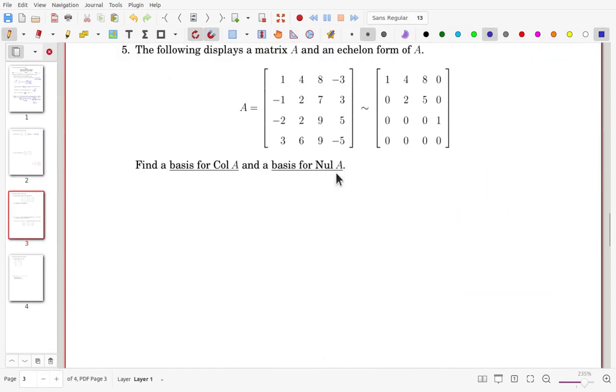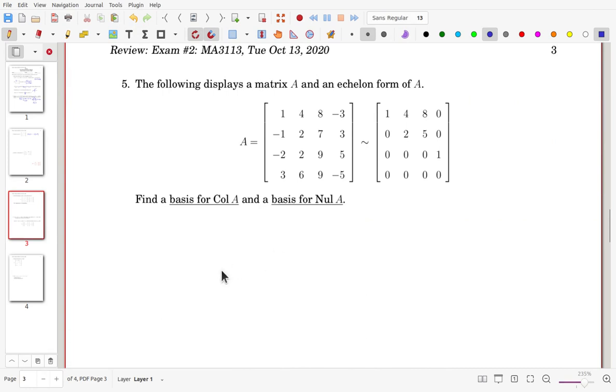Okay, let's go to number 5. The following displays a matrix A and an echelon form of A. We want to find a basis for the column space of A and a basis for the null space of A. This is an echelon form, and we can find the pivot positions. So 1, 2, 4.